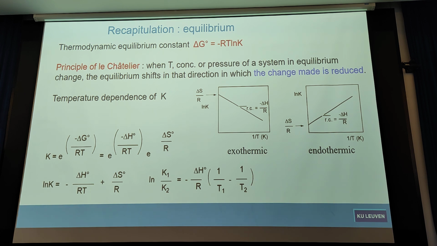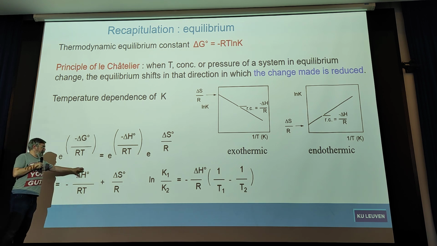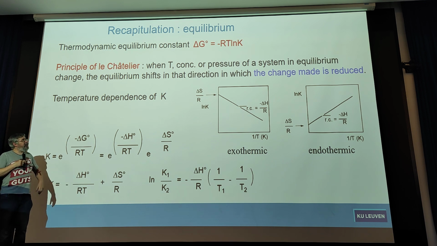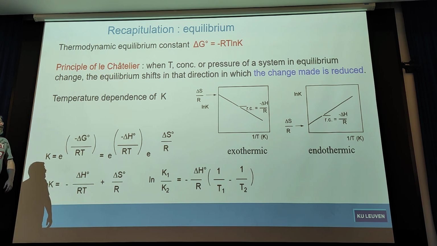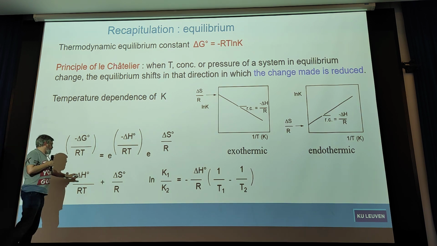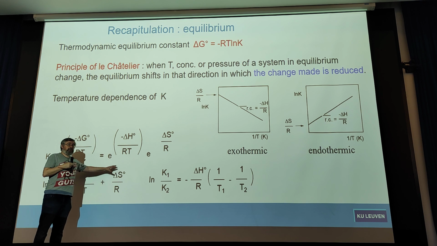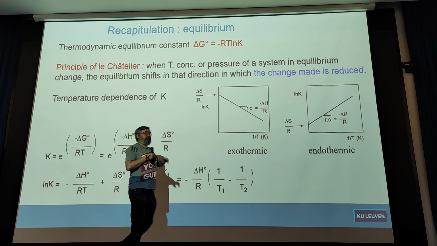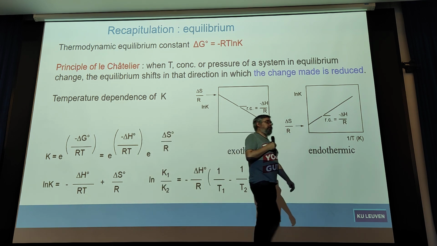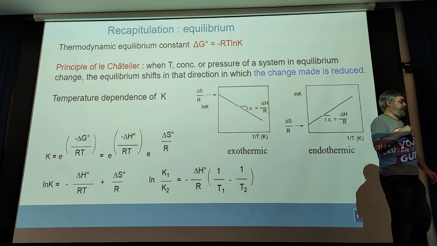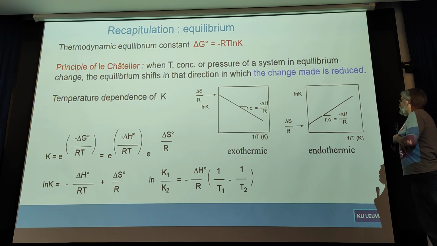So if you take the logarithm, we actually see it's this kind of function, and delta H over R is actually the slope of the reaction. Delta S over R is not dependent on the temperature, it's actually the part that is cut off at 0 from the function with the y-axis.